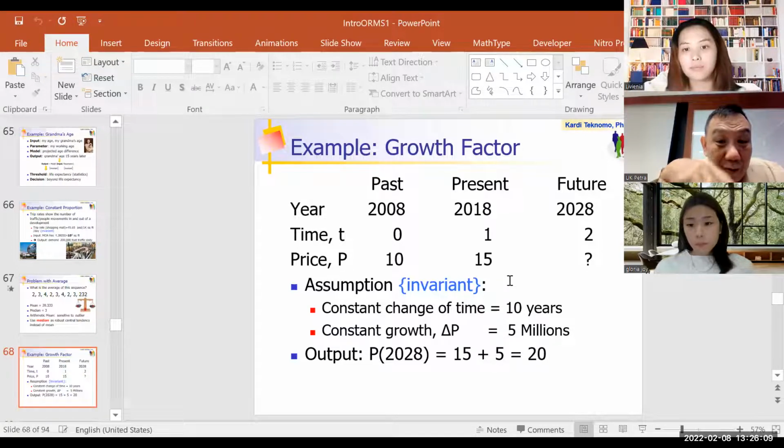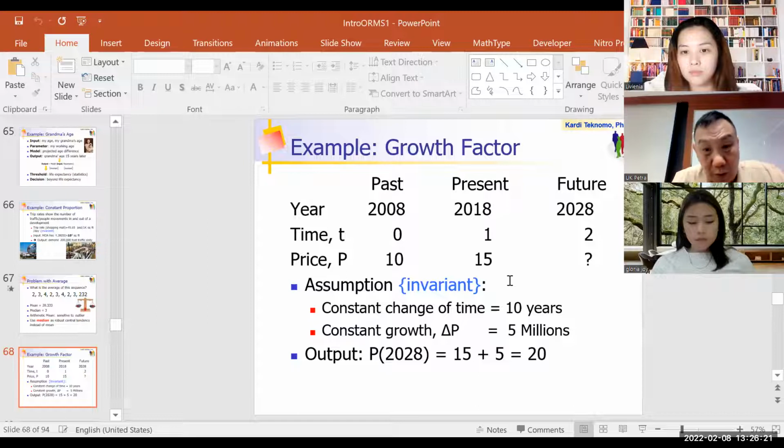How to predict? You know the time difference is 10, then the price difference is 5, 5 million in this case. So in that case, 10 years from now, which is 2028, it will become 20.